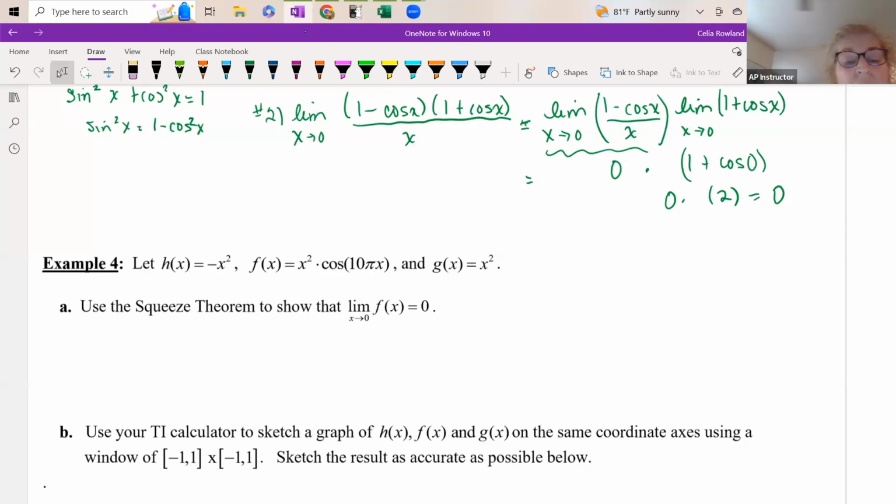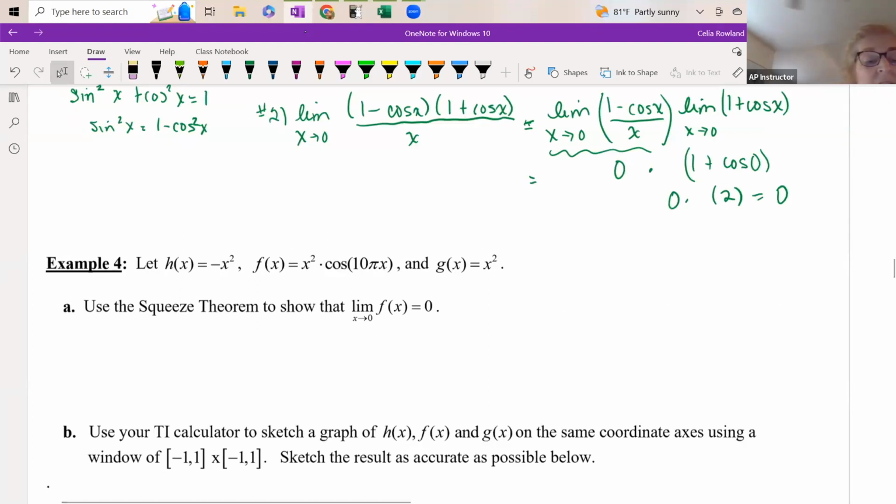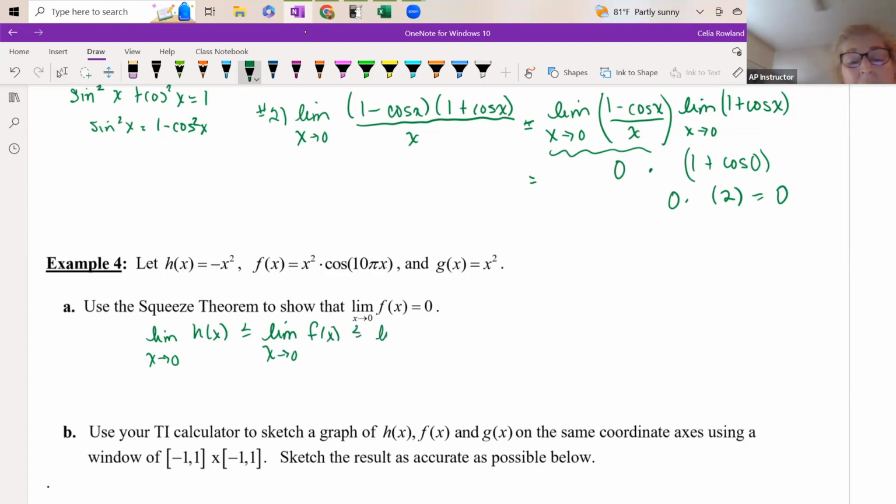So we're going to say, what is the limit as x goes to 0 of negative h, so of h of x, is less than or equal to the limit as x goes to 0 of f of x, is less than or equal to the limit as x goes to 0 of g of x.